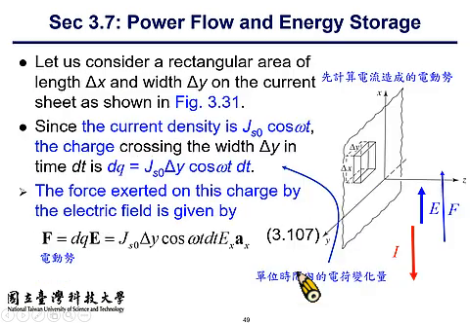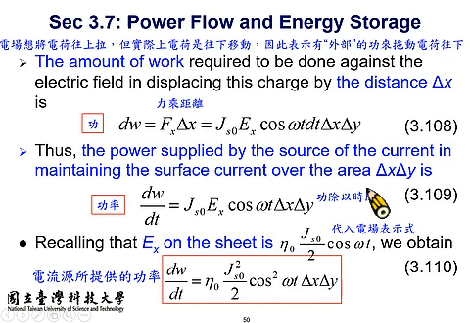Going back to this slide, at a specific time period, the charges move from here to here. So the distance traveled by the charge is delta x. So we can put delta x into the equation. So the dW, the work, equals J sub S0 times Ex times cosine omega t dt delta x delta y.